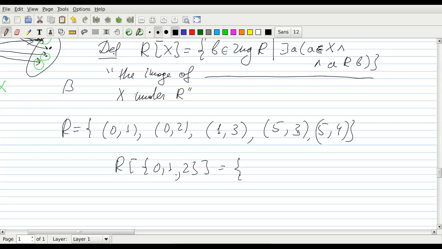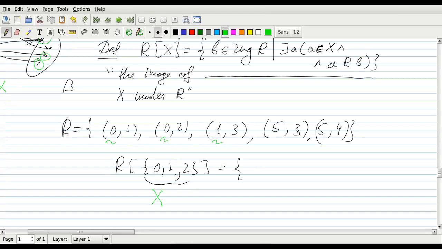This is the set of all second coordinates of pairs where the first coordinate comes from this set. First of all, let's find all the pairs where the first coordinate comes from this X. This pair, this pair, this one, and that's all.